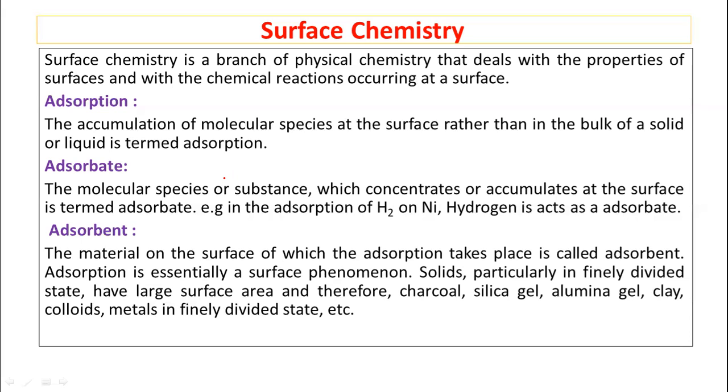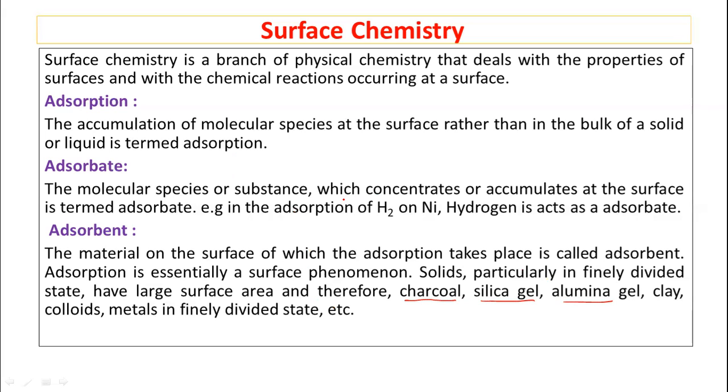Adsorption is a surface phenomenon. Generally, on the surface of a solid, the gaseous molecule gets adsorbed. So solids are in a finely divided state and must have a large surface area. Therefore, they can adsorb the adsorbate molecule on it. Examples of adsorbents are charcoal, silica gel, alumina gel, clay, colloids, metals.